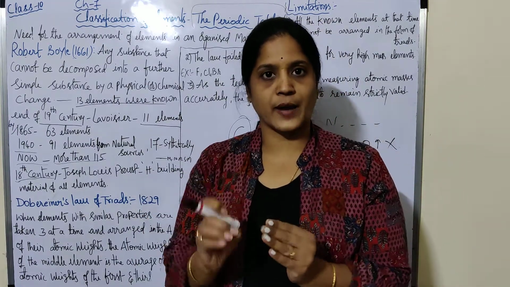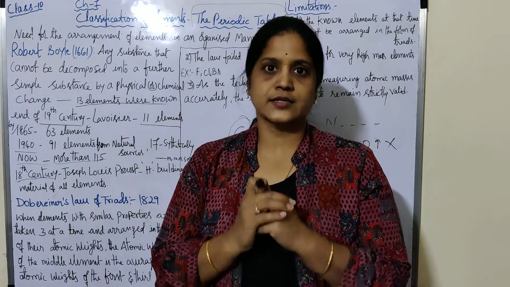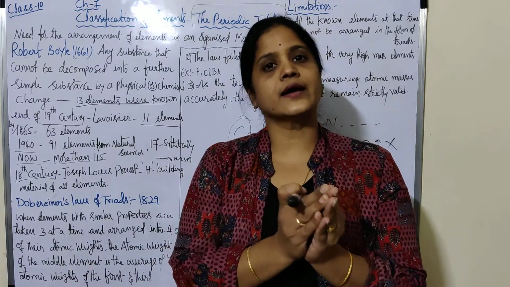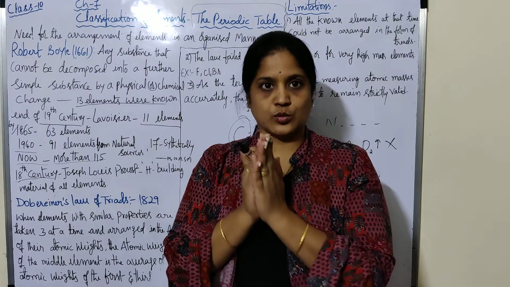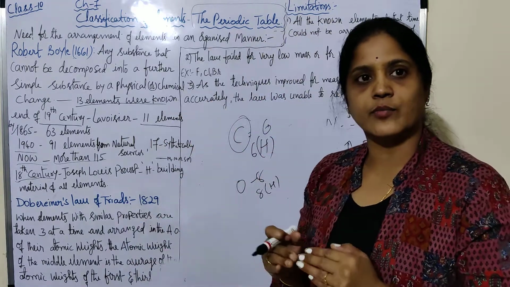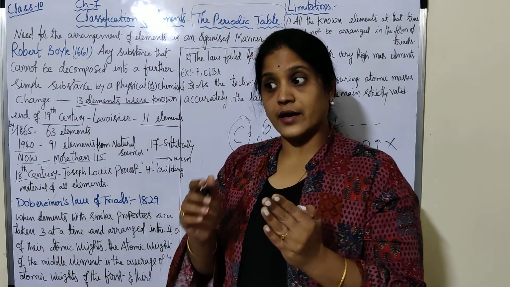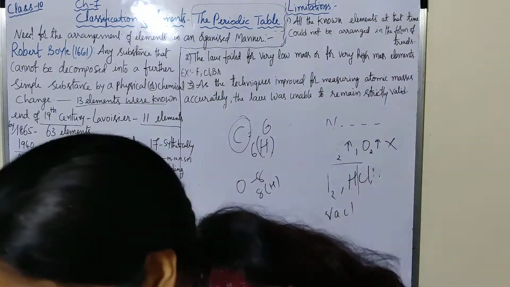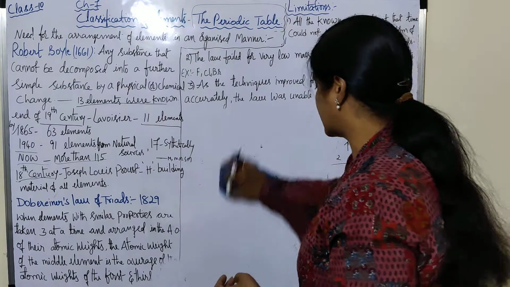Each group contains 3 elements. He divided the elements into such groups, and he arranged the 3 elements in each group according to their atomic weights.